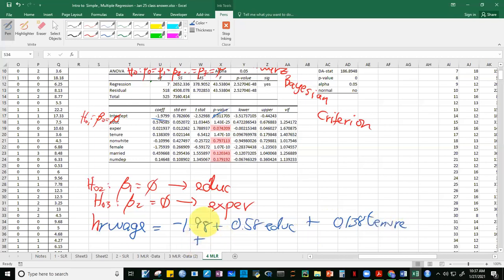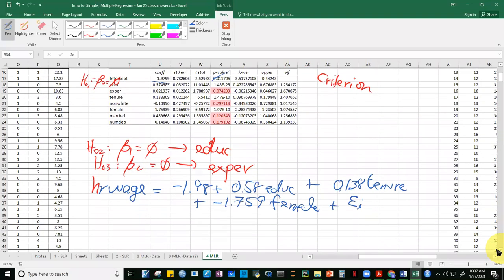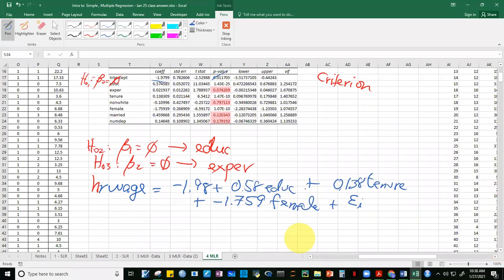Plus, female. Negative 1.759 times female. So we have plus an error term. So that's our model, guys, based on our multiple linear regression.